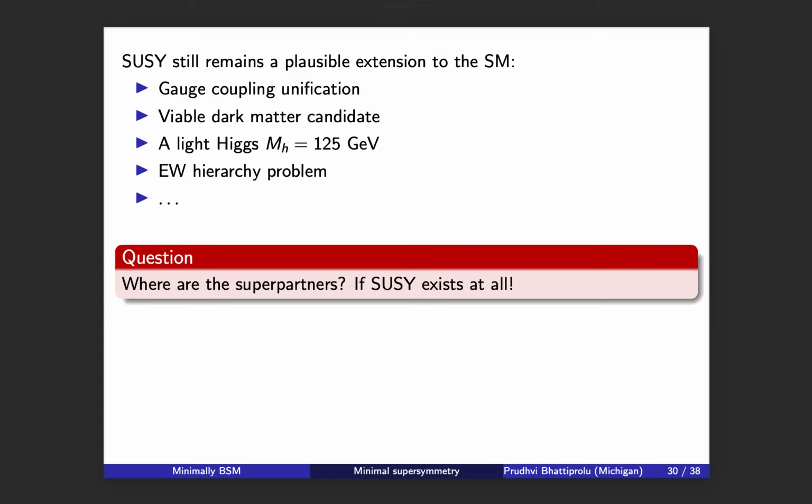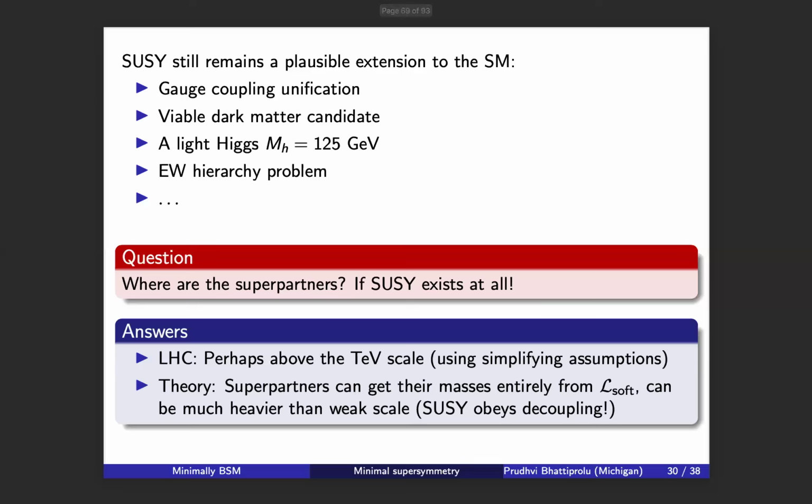But the biggest question is, where are the superpartners if SUSY exists at all? Well, we could have two answers, one from the experimental and one from the theory point of view. Based on LHC data, perhaps it's somewhere above the TeV scale, although that uses some simplifying assumptions in making these claims.